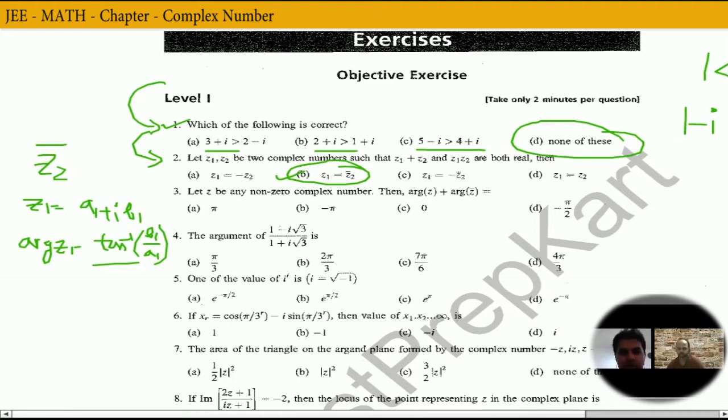Then 0. Is it 0? How can you say that? No. If it is 0, how can you say 0? It's not 0.